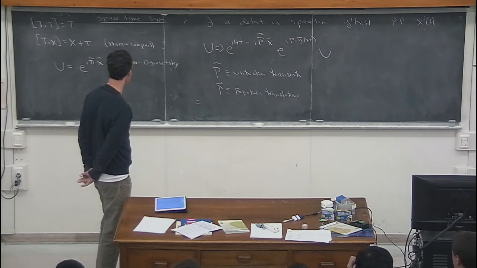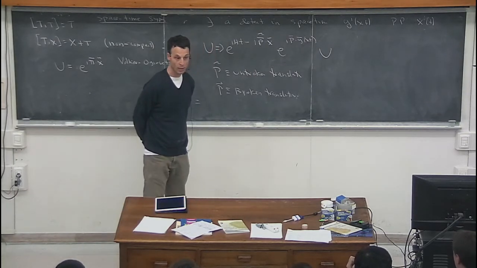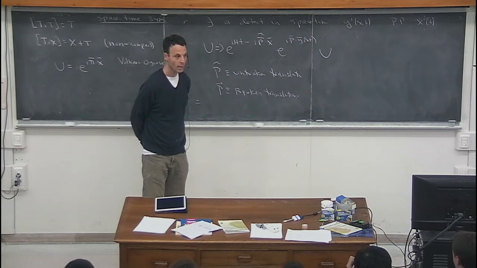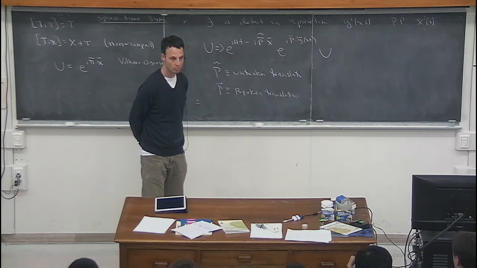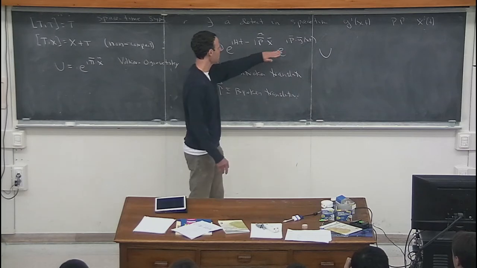So one thing we didn't talk about yesterday is if you have multiple generators, you have a choice of how you write U, the order. And any choice you choose, the final physics won't matter. So you're free to choose. Well, these guys commute, but imagine I had some that don't commute.